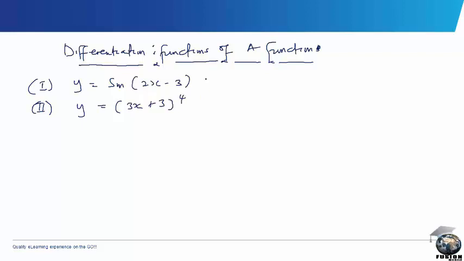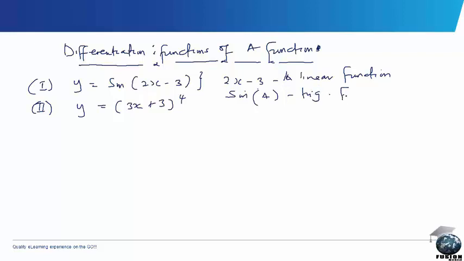The first one is a function of two functions, where you have a linear function, 2x minus 3, and then you have sine of this, sine of the linear function. This one is a trigonometric function, a trig function.